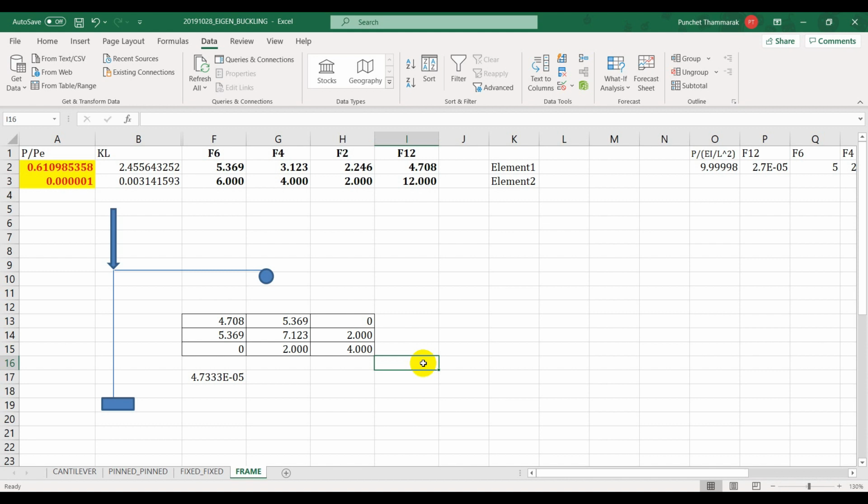With the cantilever column, you get 0.25 as the effective length is equal to 2L. If you pin at the top, you have the pin case, you get 1.0. This case here is better than the cantilever column, right? The load is greater than the cantilever column because you apply the rotation restraint at the top.